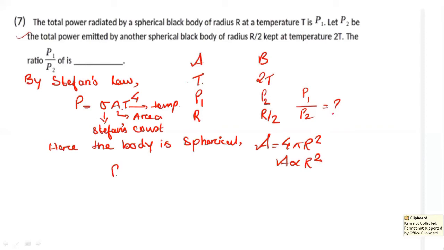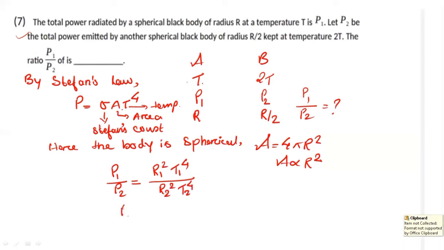So we will write P1 by P2 equal to R1 square T1 to the power 4 divided by R2 square T2 to the power 4.